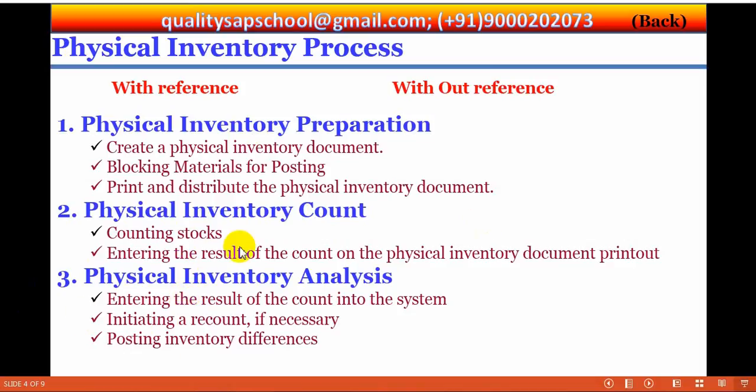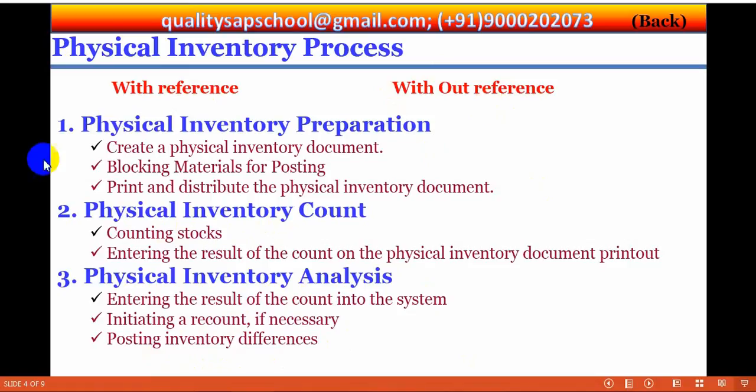If we recall the same sheet, the order will be the same, which is a big advantage in reducing errors. So we can take it with reference, and with reference to that we can also do the posting of inventory differences. That is with reference.